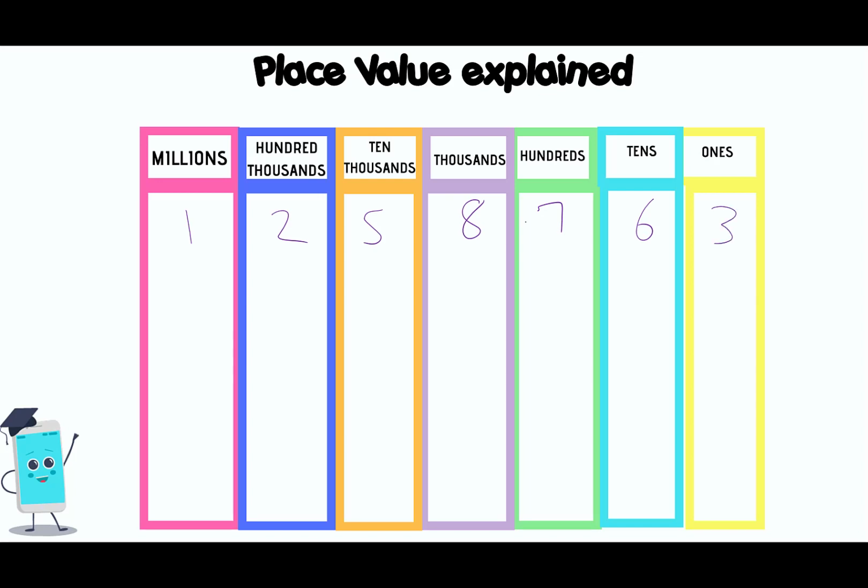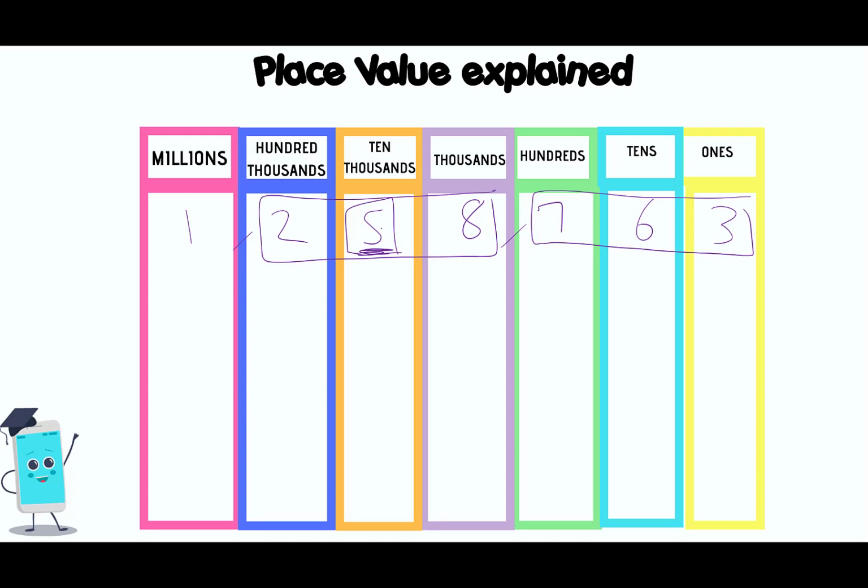So I might use my separators, but I can think about the 3 digits, 3 groups of 3s. So I have 1,258,763, and my 5 was underlined, which means I'm looking at this number.